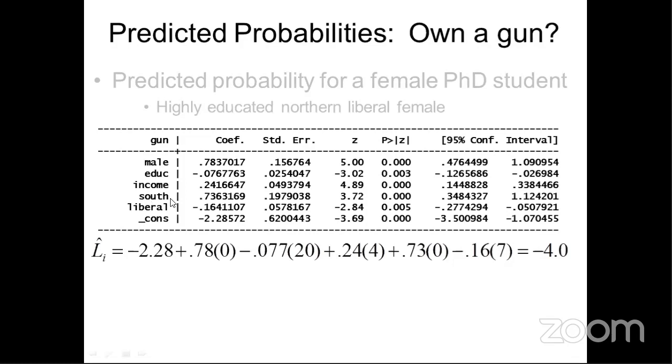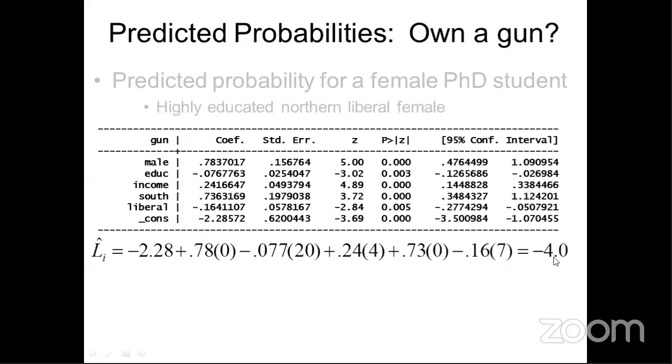Then she belongs to the northern states of America, hence it is 0 for north, 1 for south, and liberal. In terms of the Likert scale, it is 7. Then by including all these estimated values of the independent variables along with their actual values for that given person, we are able to calculate that this is -4.